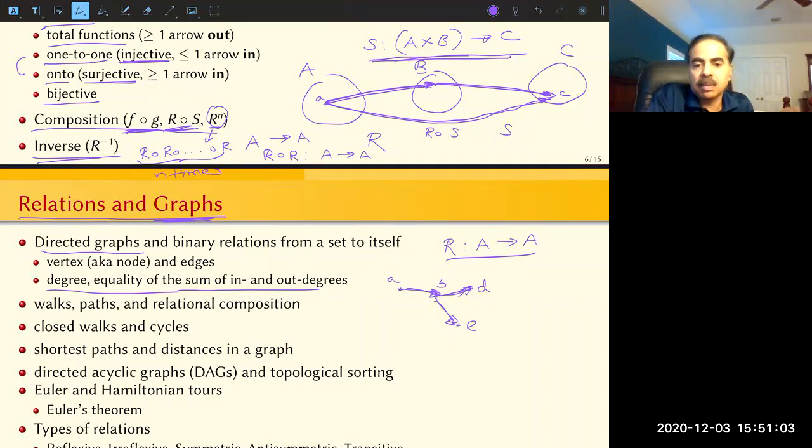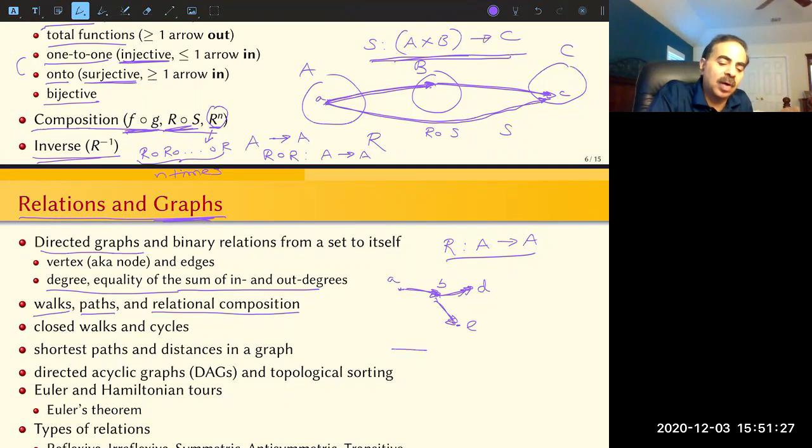If you sum up these in degrees and out degrees over the entire graph, they will be equal, right? So there are some interesting properties of graphs that we looked at. We looked at what is a walk in the graph, what is a path in the graph, and how walks relate to relational composition, right?